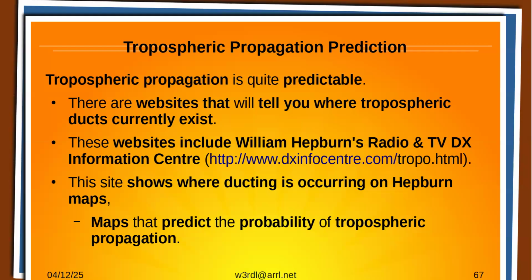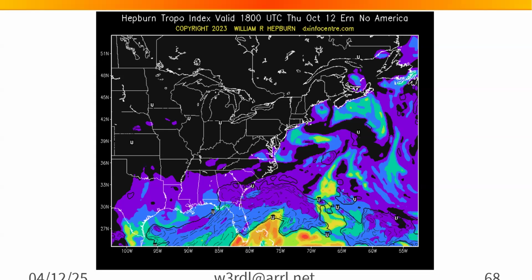And he shows, I think I have a picture, kind of a graphical representation of the propagation and where ducting can be. In fact, there's one, of course, it's an old one from 2023. I don't know.